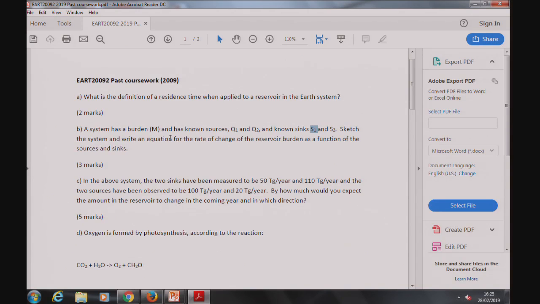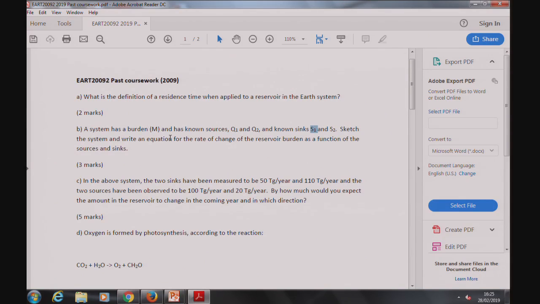And what's that equal to? It's the rate of change, dm by dt. So that's fairly straightforward. It's just asking you to write that down.